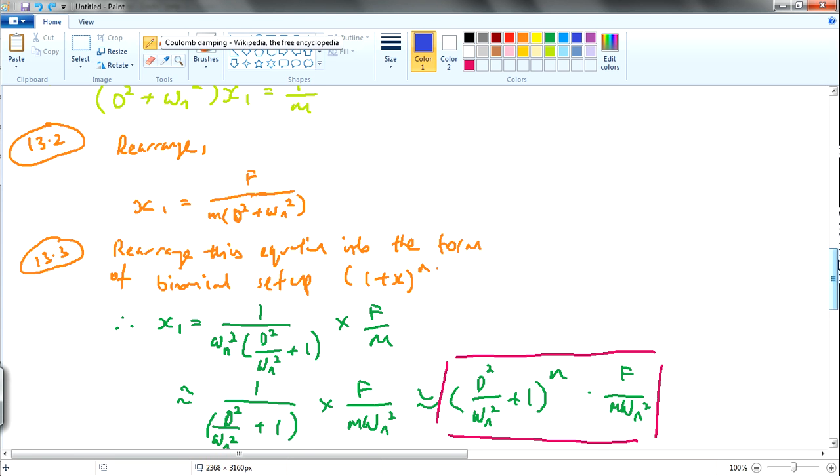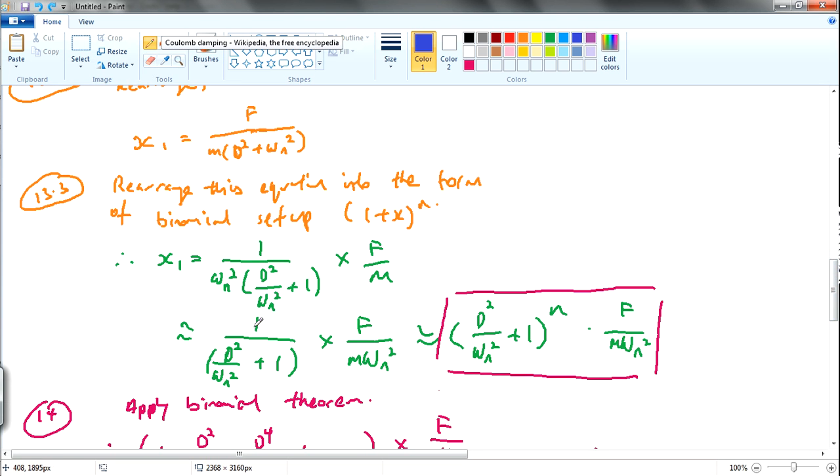Then you get this omega n squared over here, because you factorize out the omega n squared. After which you bring this omega n squared over here.